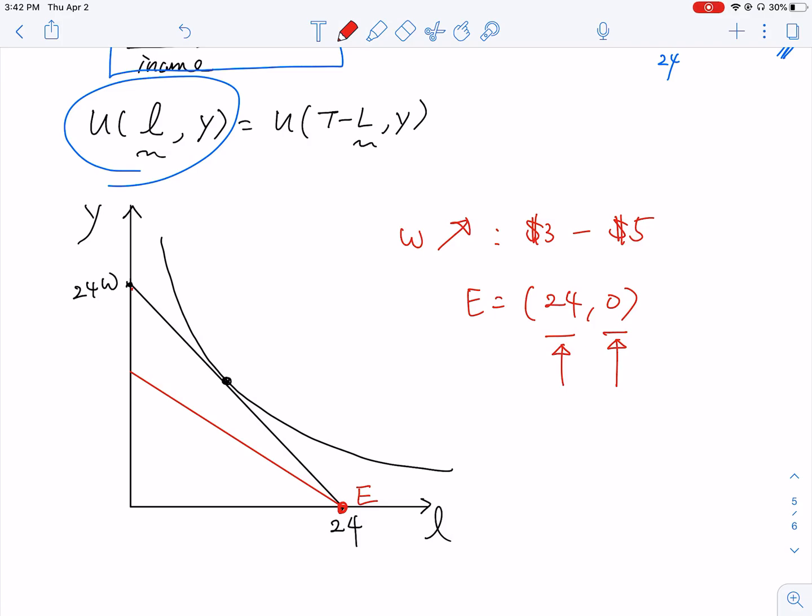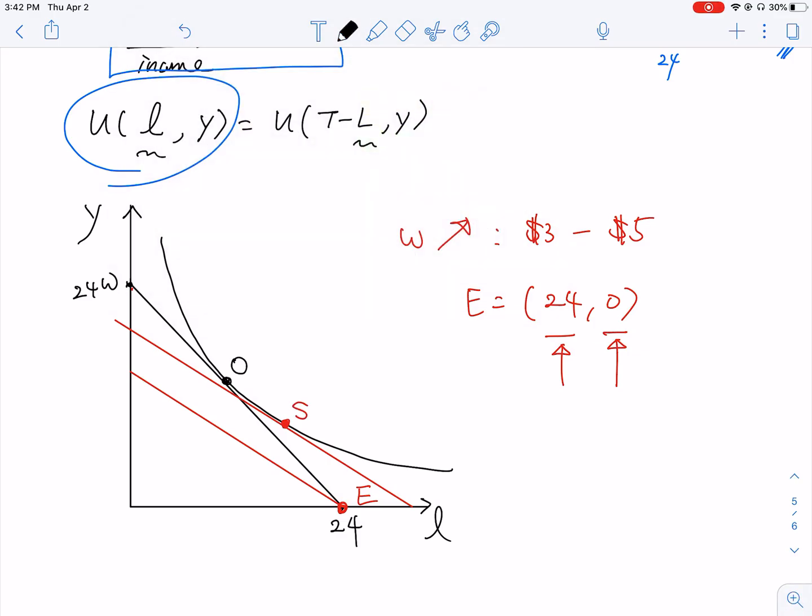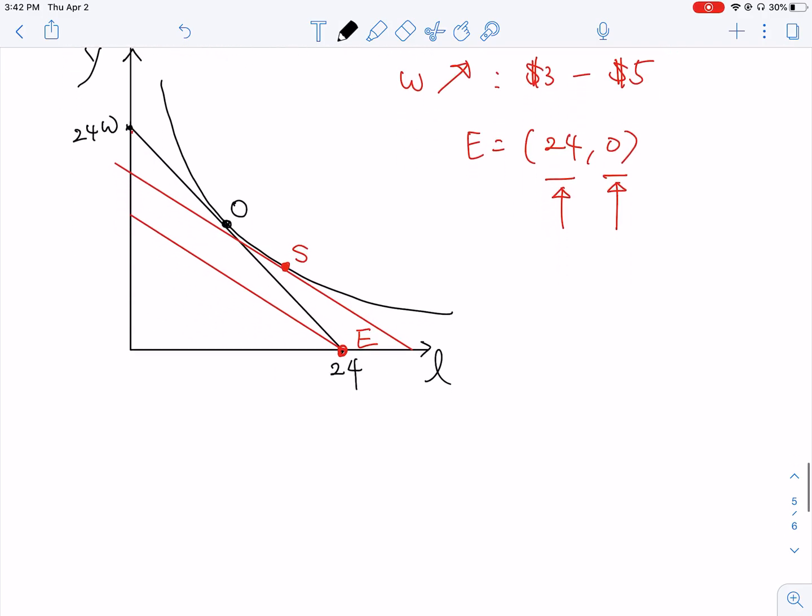So what's the substitution effect? The substitution effect will be here. Originally the consumption was here, but this is the substitution effect, right?